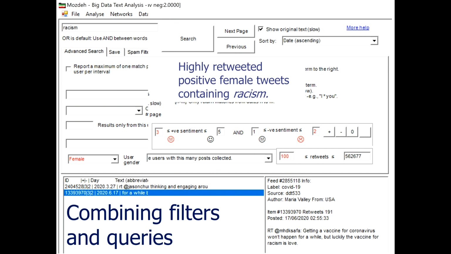I've entered the word racism in the search box. After clicking the search button, that gives me only 2 hits. And if you look at the second hit in the bottom right hand corner, you can see it's from a female. It's got 191 retweets. It's got a positive sentiment, and it contains the word racism. So it does match the filters and the query.